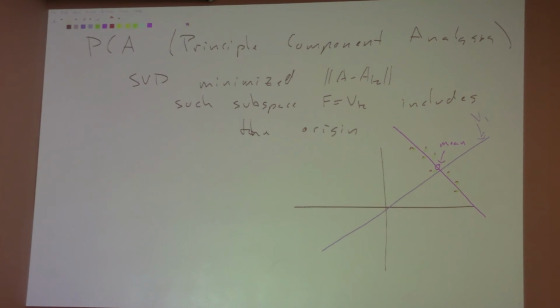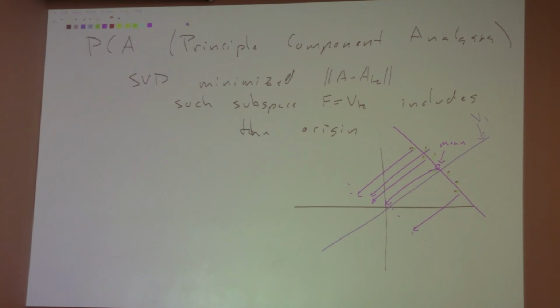And so if I know it must go through there, I want to shift this mean to the origin. And so I also want to shift all these data points by the same vector, and so forth, so that all these data points now lie here.